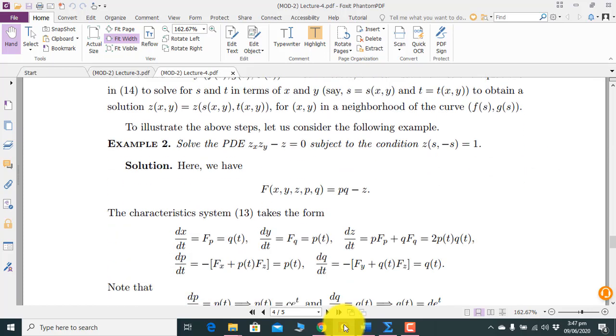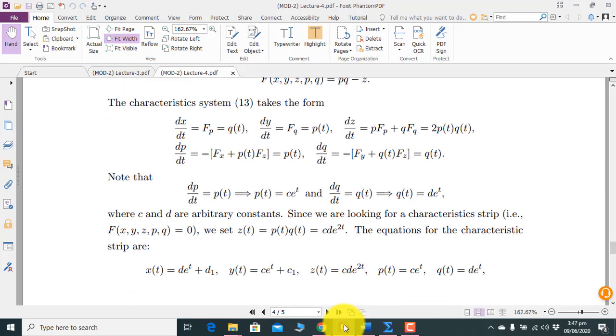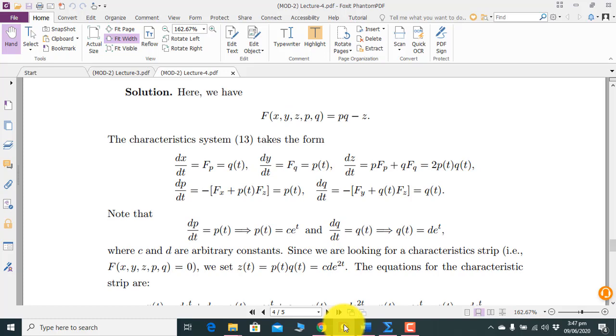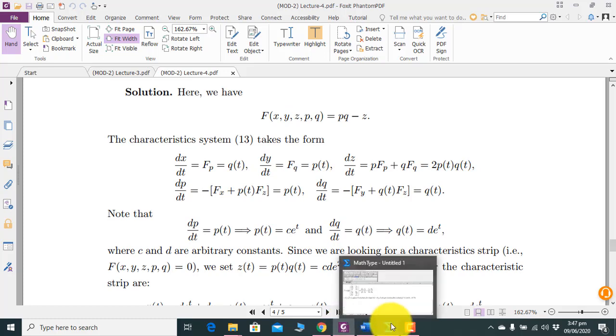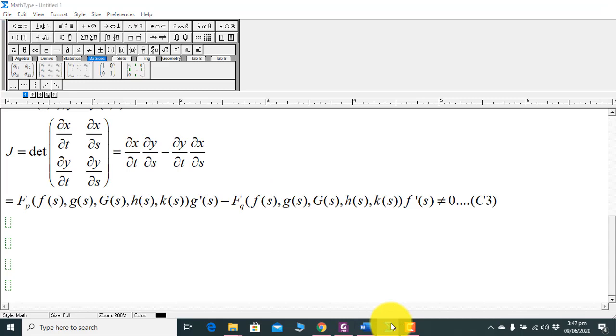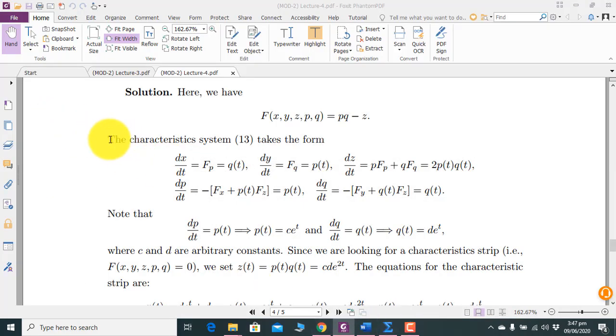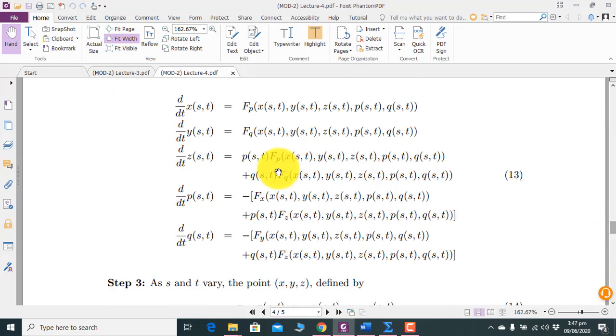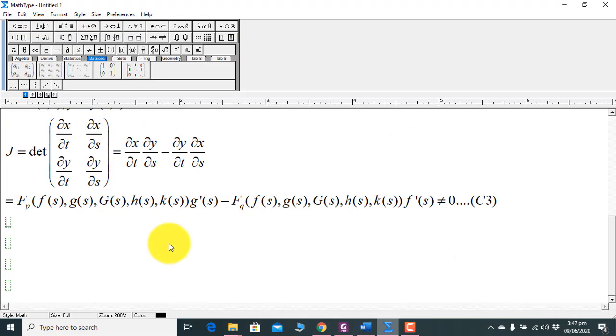So this is the example which we were going to solve. Very importantly, first try to solve the characteristic equation. So what are the characteristic equations? This is written, the characteristic system 13 takes the form dx by dt is fp. This is the formula you can see in 13. I am writing for you only once, dx of st by dt is equal to fp.